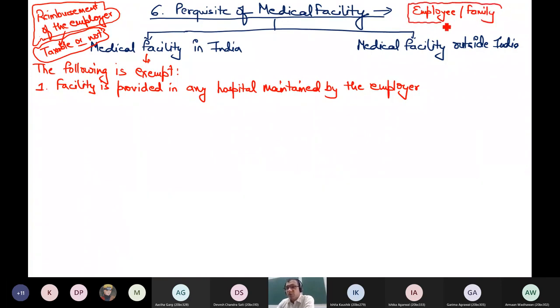So you have to also remember which perquisite uses the word member of the household and which perquisite uses the word family. This medical is the first perquisite which is using the word family and not member of the household. So if it is provided to a member of the household, then you might not claim the exemption of these provisions. But if it is provided to family, then you can claim the exemptions of these provisions which I am discussing, because in this case exemption is to the member of the family. And what is included in family, that I will tell you now. But it is different from member of household.